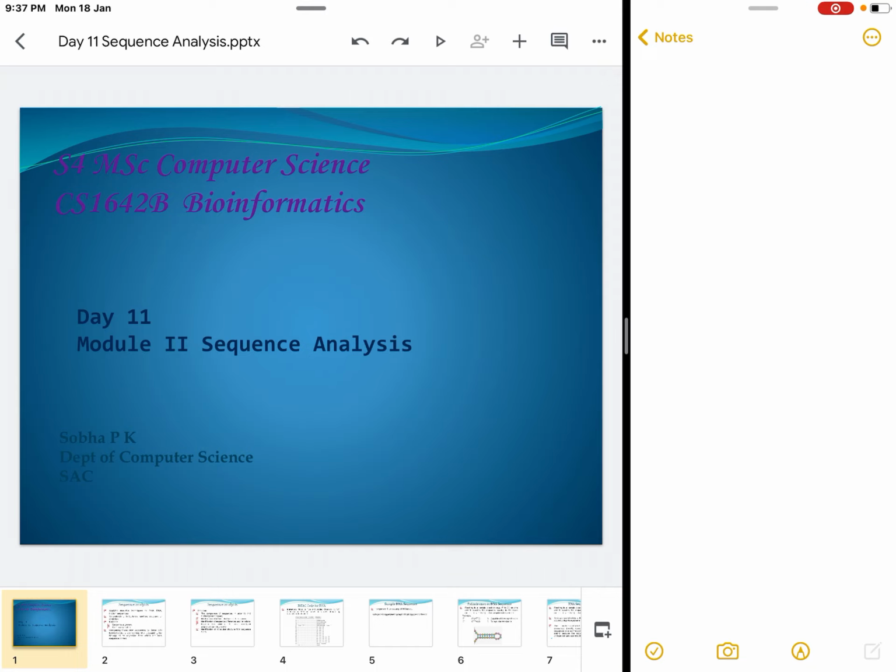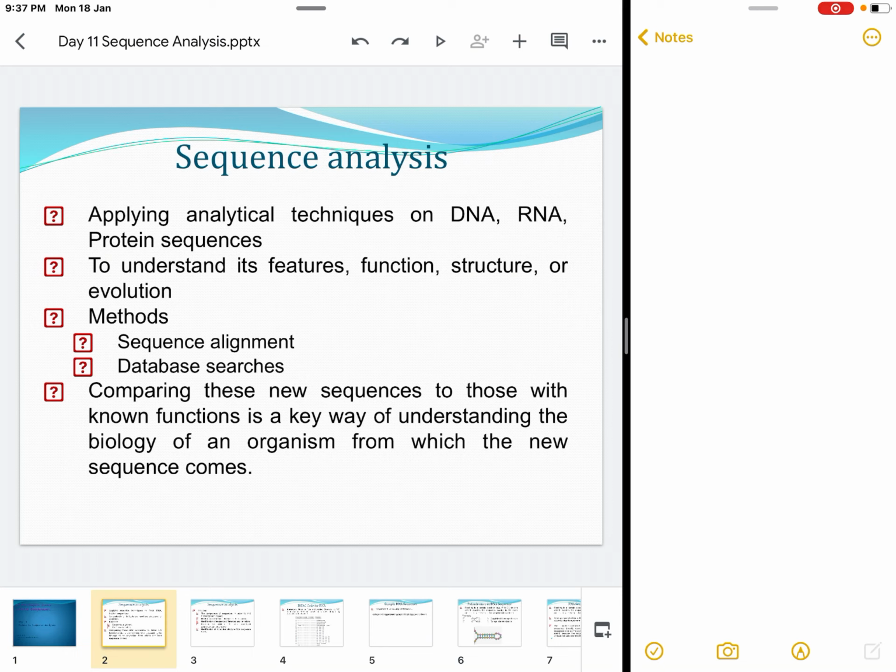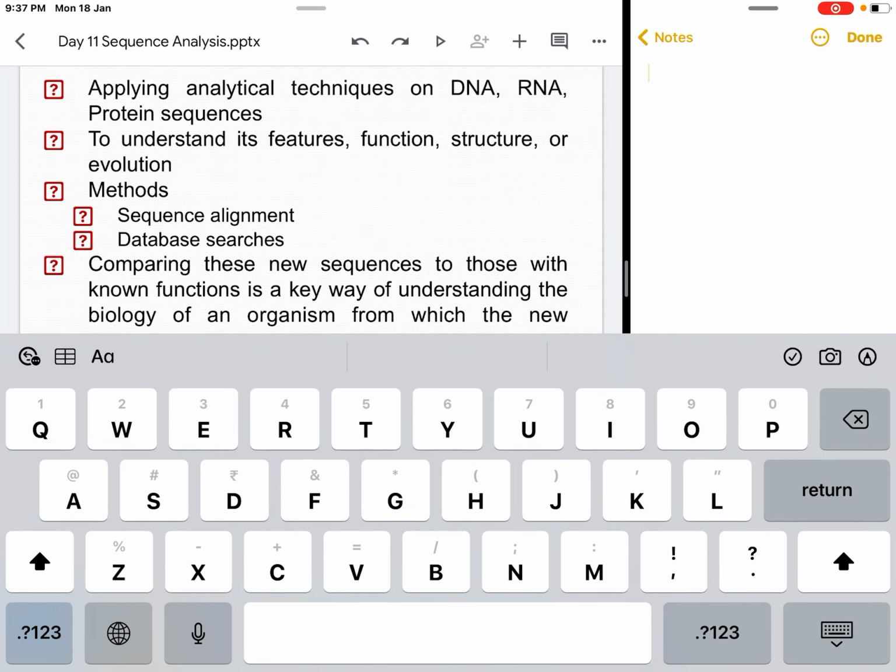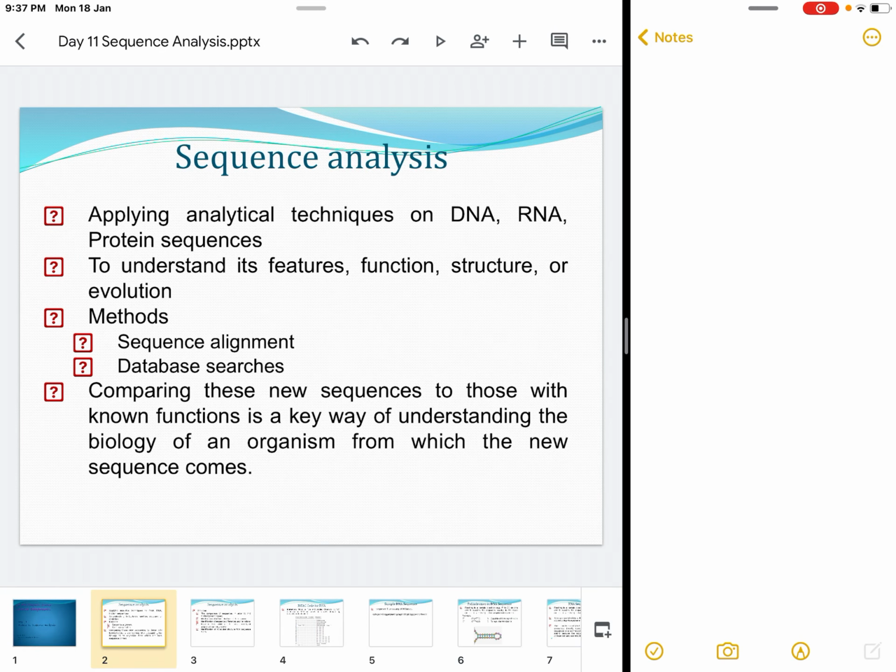We see an important concept called sequence analysis. In the previous classes, we have seen there are different types of sequences that can be generated from a DNA from the cell nucleus. The sequences are of three classifications: the DNA sequences, the RNA sequences, and then the protein sequences.